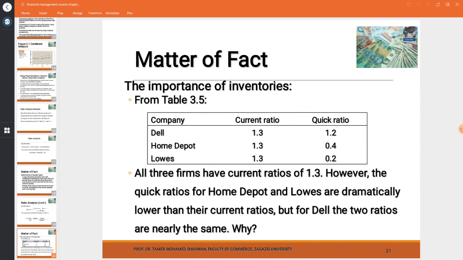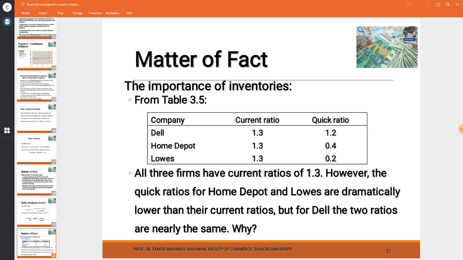If you depend only on the current ratio, you are going to get a wrong indicator, because you would conclude that all three firms have the same level of liquidity over the short term, because each one of them, at this date, achieves 1.3.